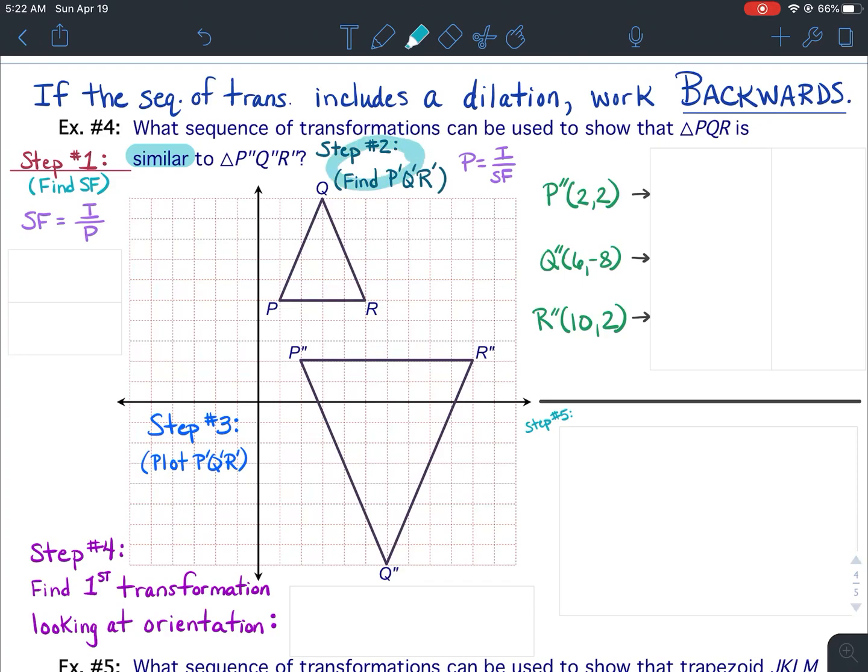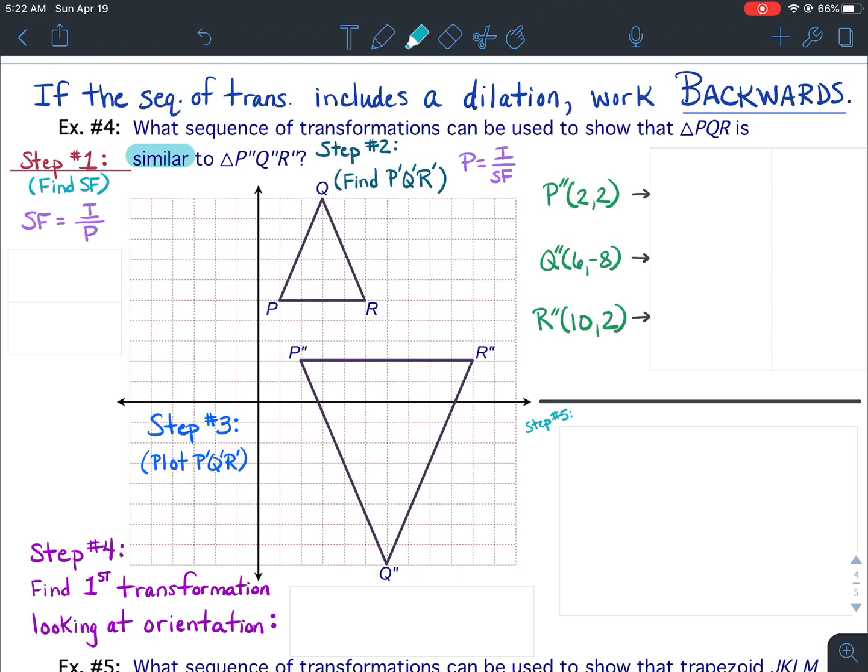Step 2 will be to find your ordered pairs for P prime, Q prime, and R prime. Once you find those ordered pairs, step 3 is where you actually plot it on the graph. Then you'll look at PQR and P prime, Q prime, R prime, and we will find the first transformation by looking at the orientation. That's step 4. And then finally, step 5 is our final answer. So let's start with step 1.